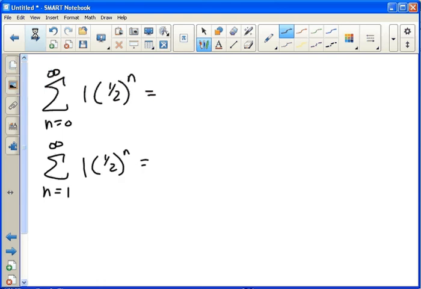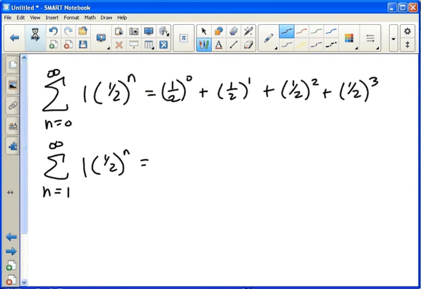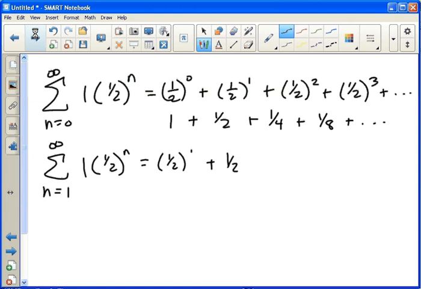So when we start at 0, the top one, we get 1/2 to the 0, which is 1, plus 1/2 to the first, plus 1/2 squared, plus 1/2 cubed, and so on. So that's 1 plus 1/2 plus 1/4 plus 1/8, and so on. Now if we start at 1, we start with 1/2 to the first, plus 1/2 squared, plus 1/2 cubed, and so on. So we get 1/2 plus 1/4 plus 1/8.